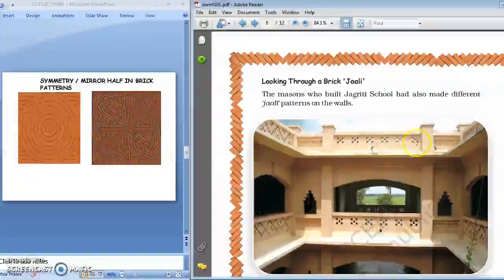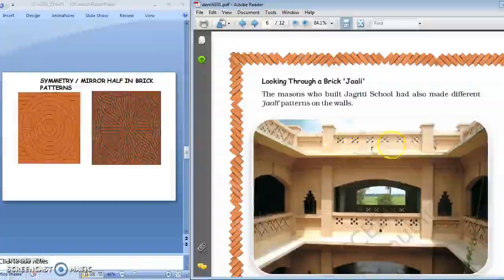So what they used to do is, at some places they used to leave openings. Why? Because then ventilation was easy at that point of time. So they used to make these different patterns.